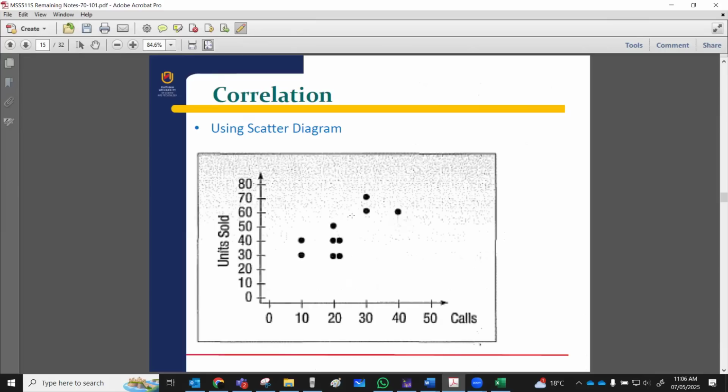A scatter diagram is not necessarily the best, but to give you an idea that we do have a strong positive correlation. So we could already see that it was positive, but when we calculate our R, then we have a more definitive answer.